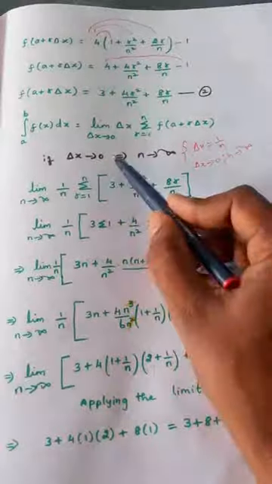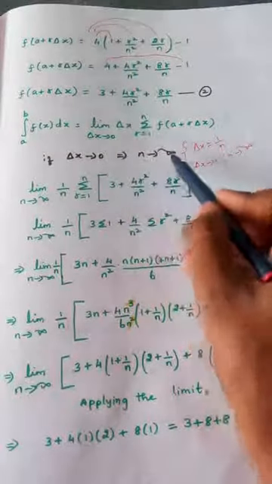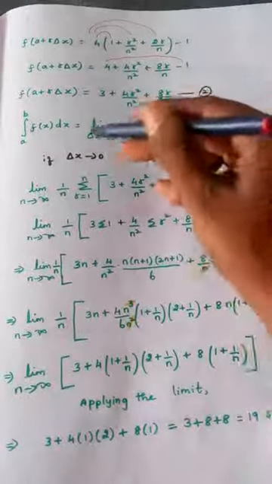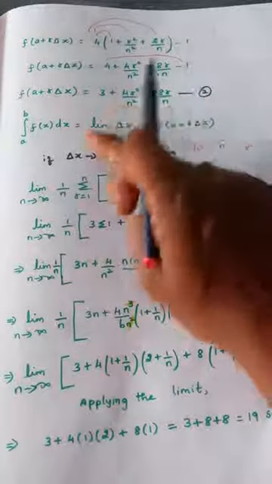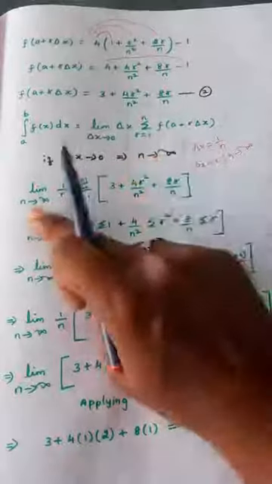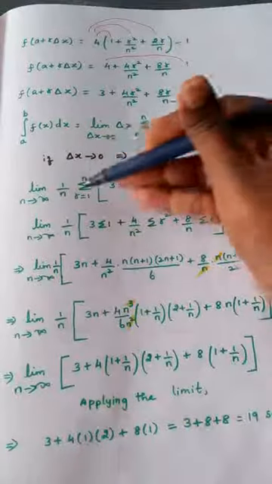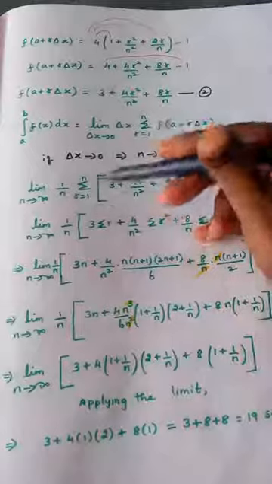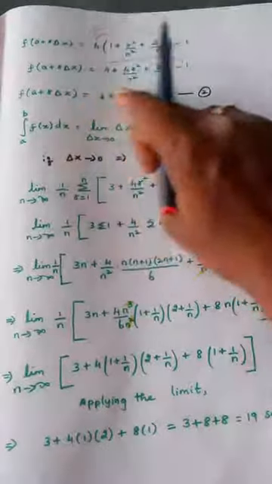So delta x goes to 0 means n goes to infinity. Now we are going to change this limit. Instead of writing delta x goes to 0, we will write n goes to infinity. Delta x value is 1 by n, summation f of a plus r delta x value is this.